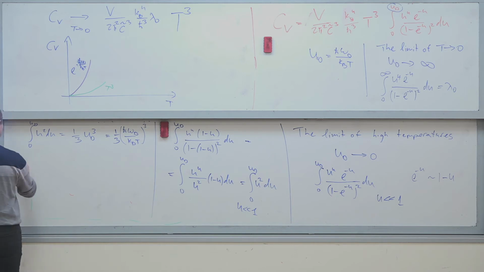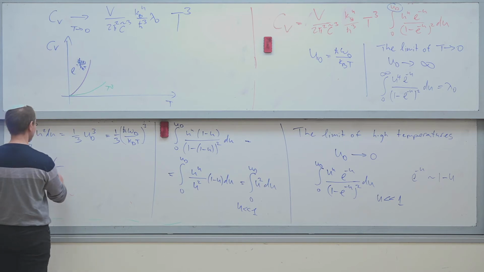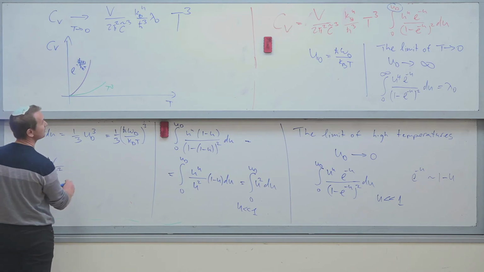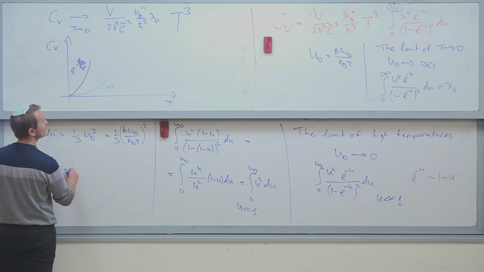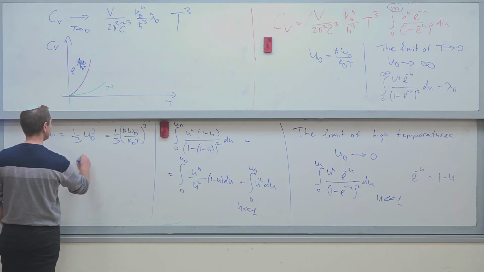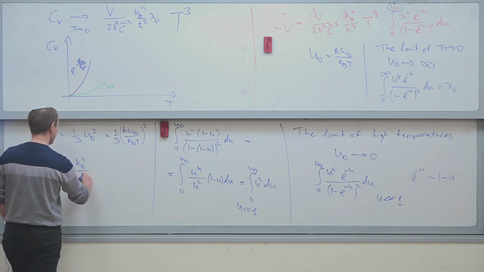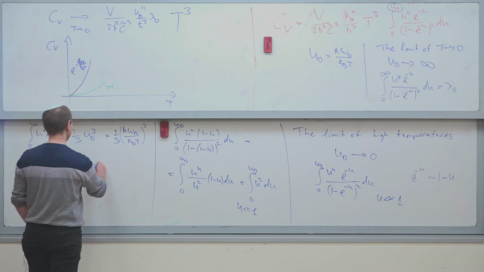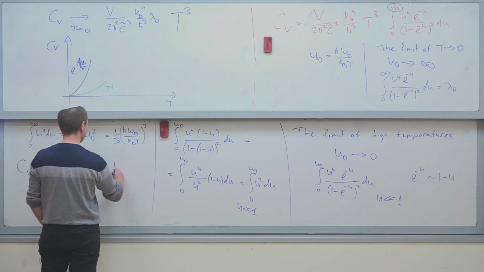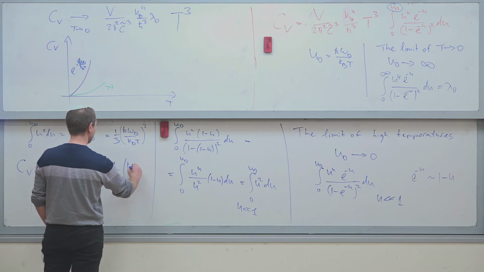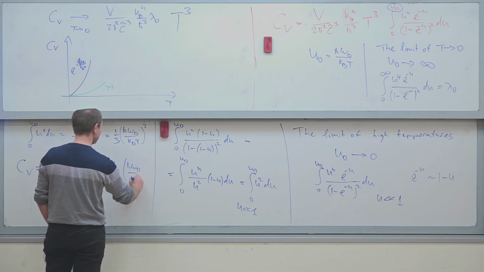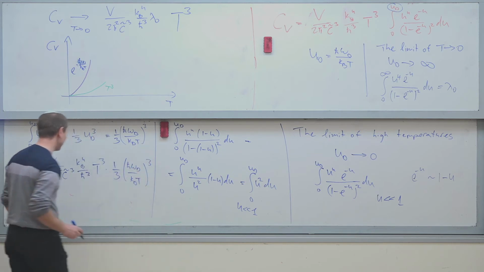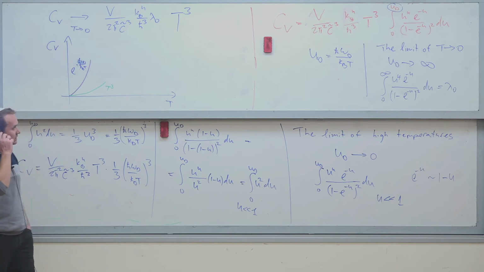This is also nice because when we go back, we have C_V, which is V divided by 2 pi squared of c tilde to the third of k Boltzmann to the fourth of h bar to the third of T to the third, multiplied by 1/3 of h bar omega Debye over k Boltzmann T to the third power. Now omega Debye, we had this long expression, right?